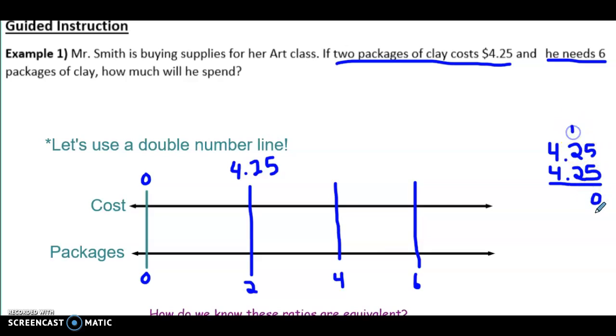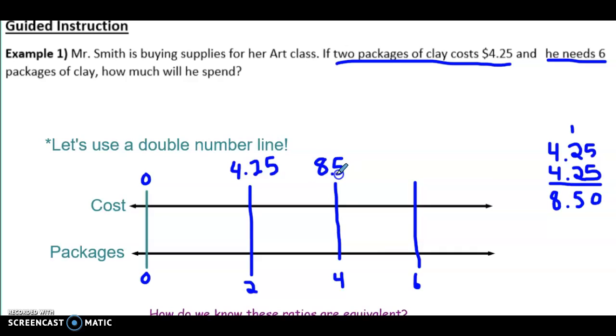Carry the 1. 2, 4 plus 1 more is 5. That decimal comes straight down. And 4 plus 4 is 8. So up here, I'm jumping by 4.25 and I get 8.50.